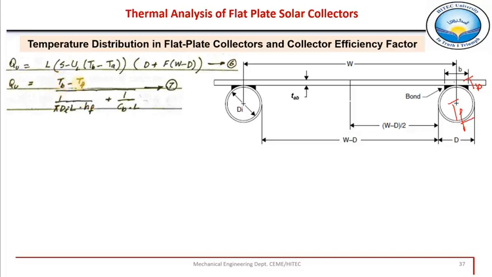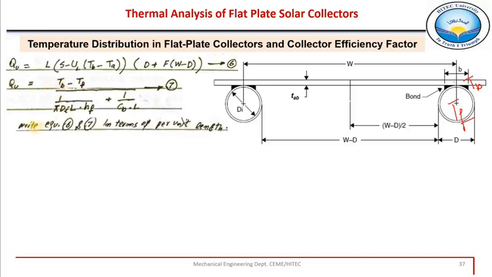This base temperature is some unknown temperature, and we want to represent our main energy balance in terms of fluid temperature. So here we will do some more mathematical manipulations so that we can get rid of this unknown base temperature.